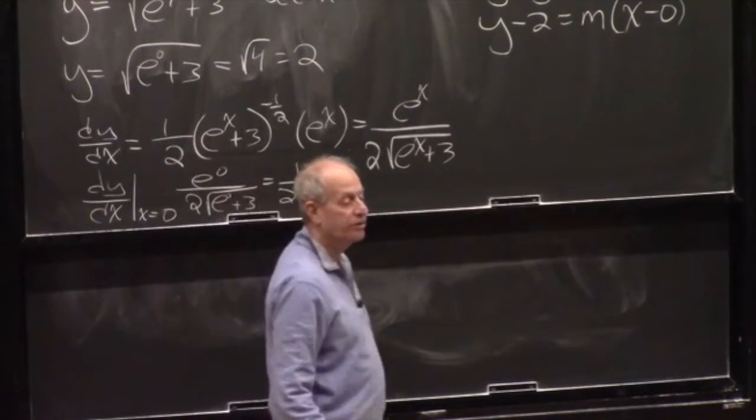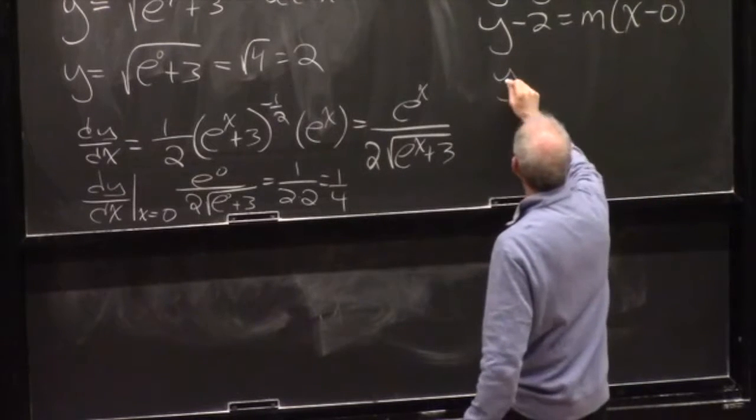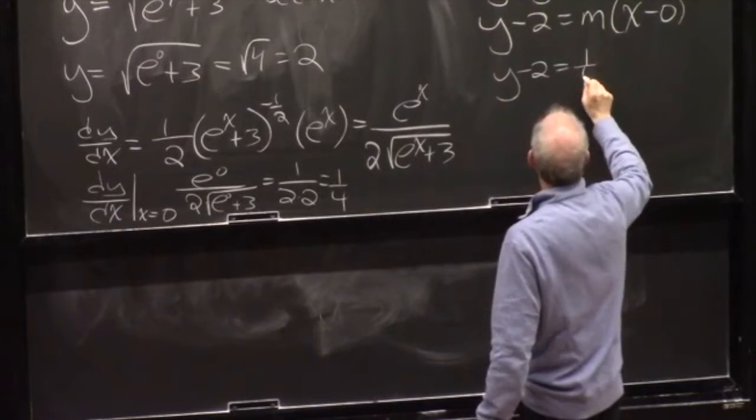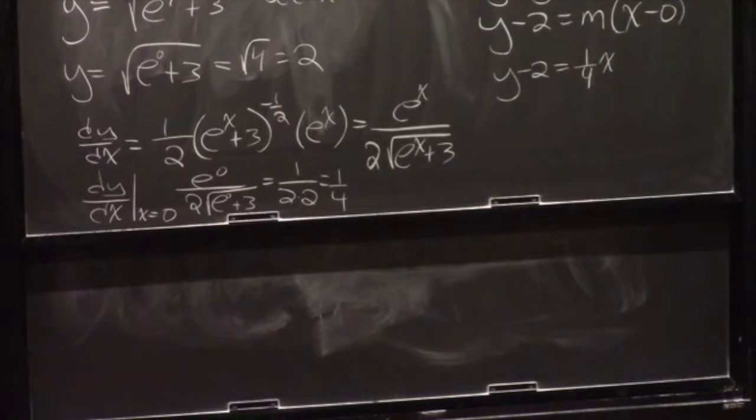So it's 1/4, or a quarter, as they say in Brooklyn. So this is y minus 2 equals 1/4 x. And you can leave it like that. You don't need to make it 1/4 x plus 2 or anything fancy. So far, so good?